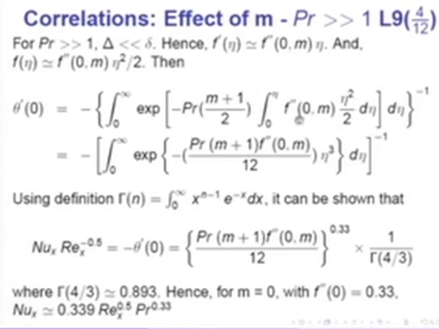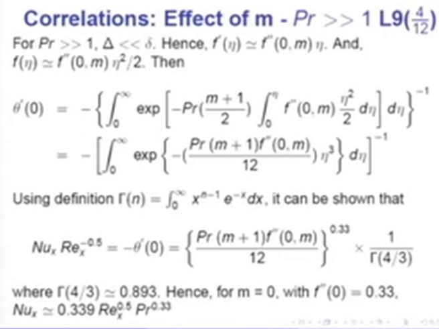This would simply transform to minus Prandtl m plus 1 f double prime 0 m divided by 12 into eta cube, because eta square integrates to eta cube by 3, 2 into 2 is 4, into 3 is 12, into d eta is minus 1. And now, if I use the definition of this, I will show you how to evaluate that integral. It is not a very difficult thing to do, but we will nonetheless do that.